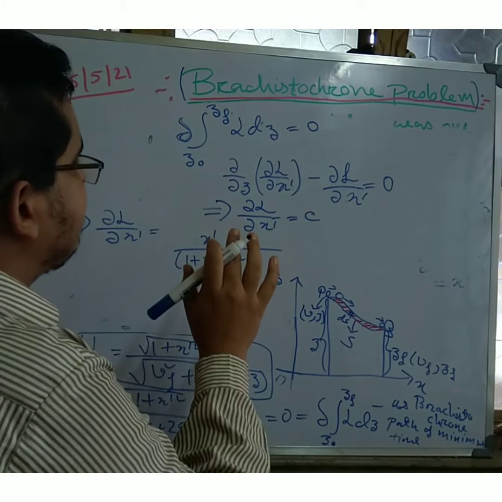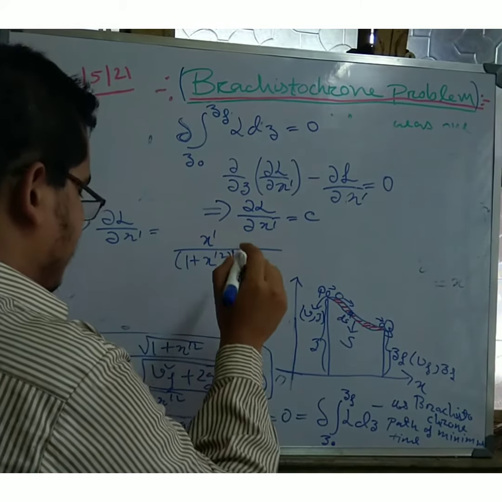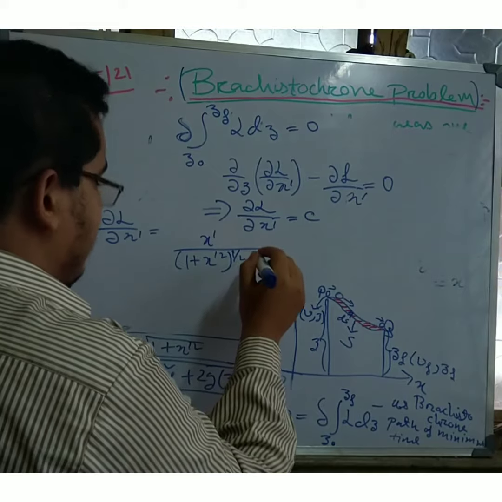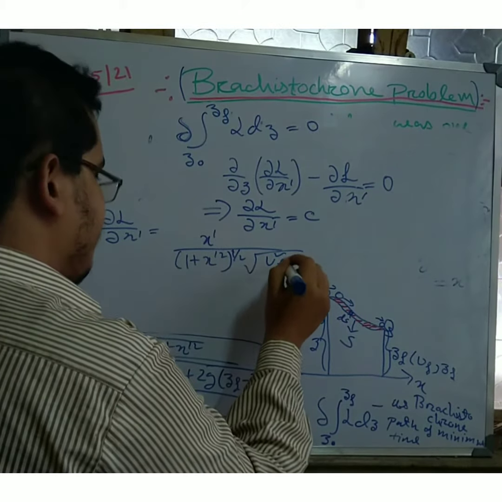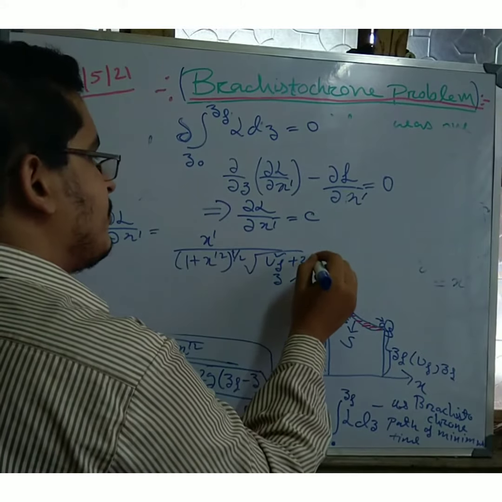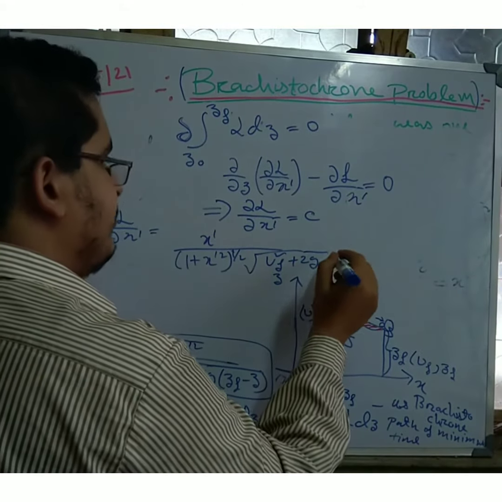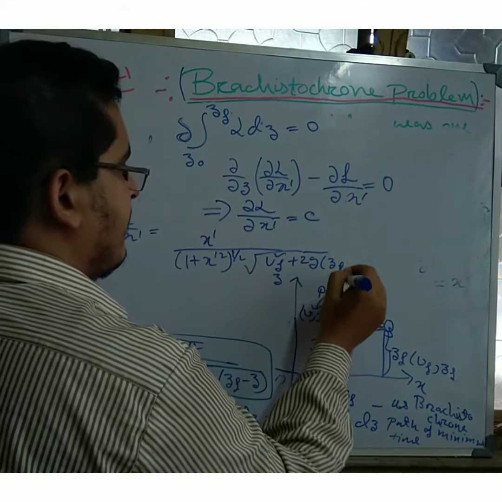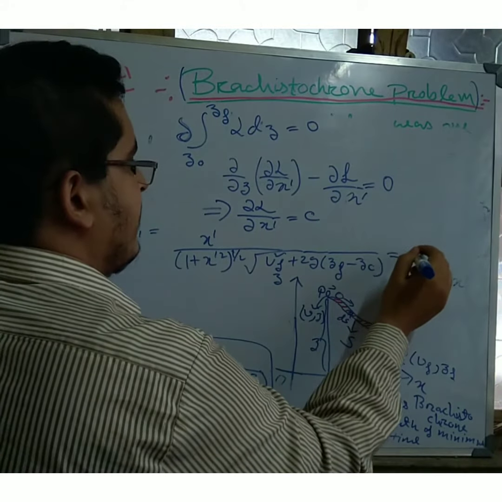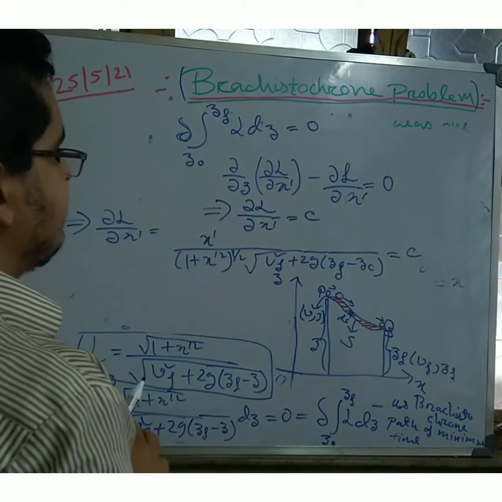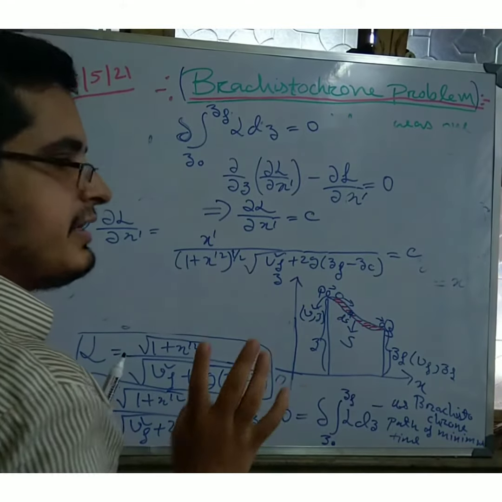When I differentiate these portions, after that whatever I get, this portion root over v square f plus 2g into zf minus zc is equal to the capital constant term c. I hope it is clear friends.